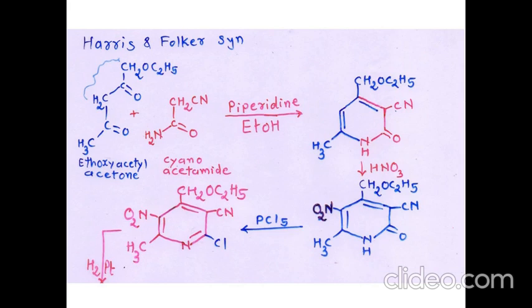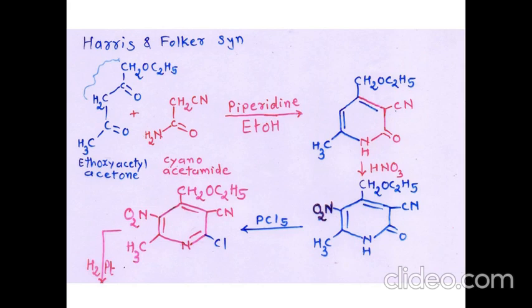So nitration occurs, which I have written in the dark color, and further treatment with phosphorus pentachloride chlorinates the position opposite to the methyl group with respect to the nitrogen, so we are getting the blue Cl.